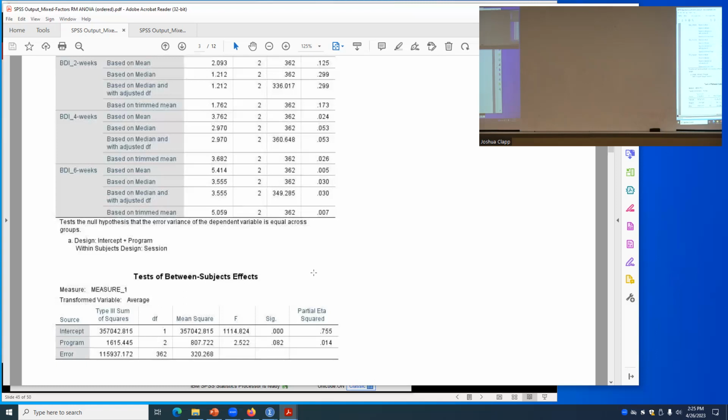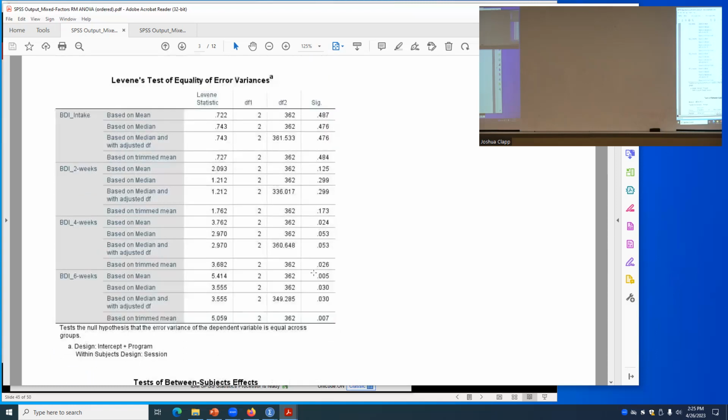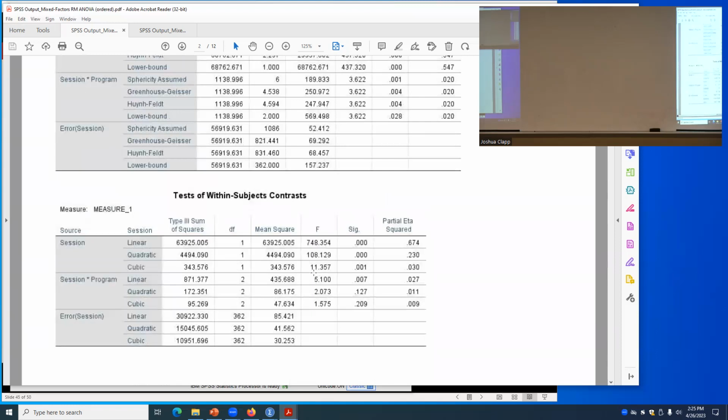Okay. But if we go back up and think about this within subjects contrast, for your main effect of session, you've got a linear effect, a quadratic, and a cubic. I don't know that there's anything useful to think about there, but because we do have ordered means, these are kind of interpretable.